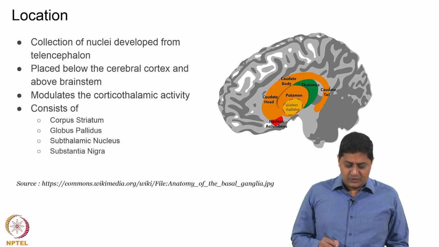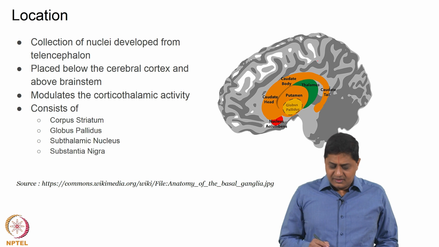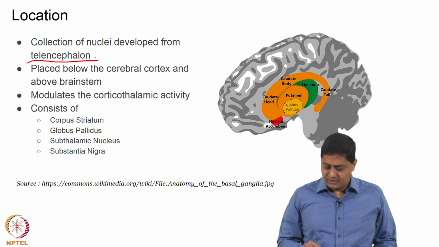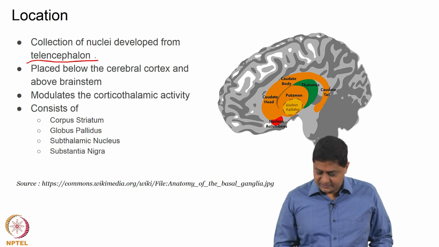Where is the basal ganglia located? Many of these nuclei actually develop from the telencephalon, the forebrain.